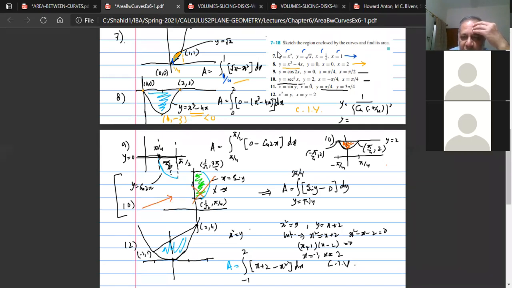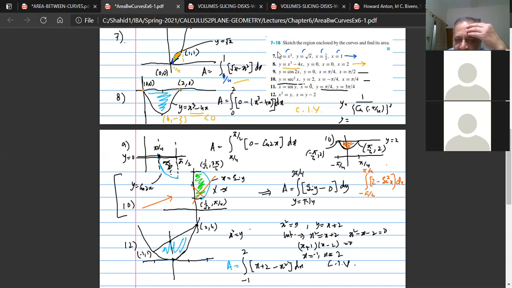And now what do we have to integrate? Upper function y is equal to 2 minus lower function secant square, integration over x from minus pi by 4 to pi by 4.